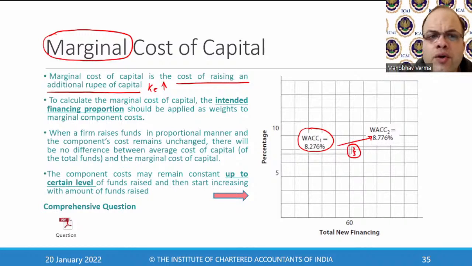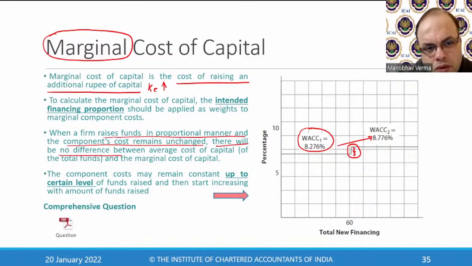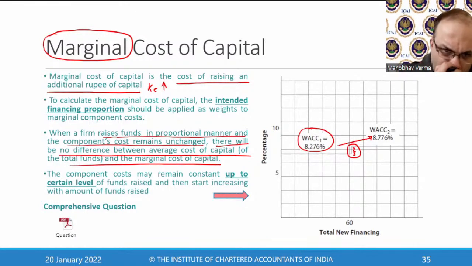So when the firm raises the funds in proportional manner and the component costs remain unchanged, there will be no difference between average cost of capital and the marginal cost of capital.